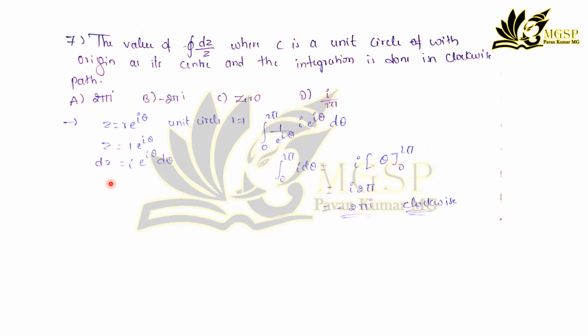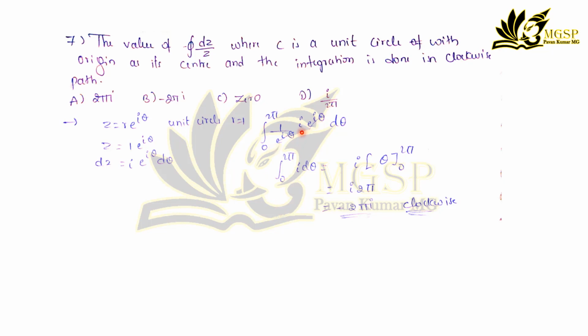Differentiating this, we get dz is equal to i e power i theta d theta. Just substitute these values in this form. So we get 1 by e power i theta, into i e power i theta d theta. This comes from the dz. Since it is taken over the circle in the clockwise direction, we take the limit from 0 to 2 pi, and here e power i theta cancels.